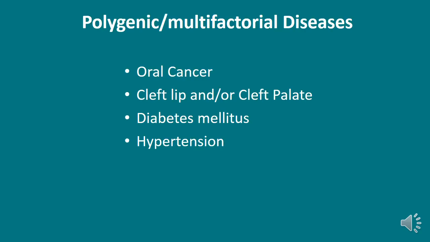Some common examples for polygenic disorders are oral cancer. Of course, other cancers also are polygenic disorders, but I specifically mentioned oral cancer since it's more relevant to you all. Then cleft lip and cleft palate, diabetes mellitus and hypertension.